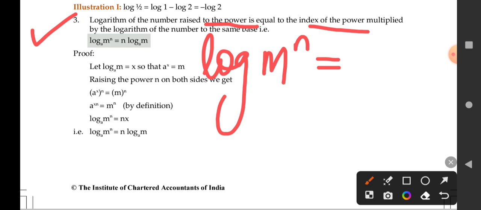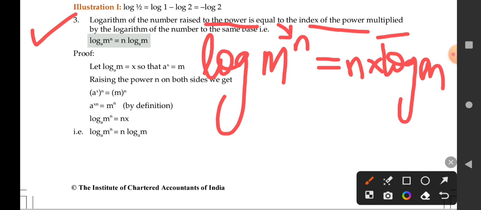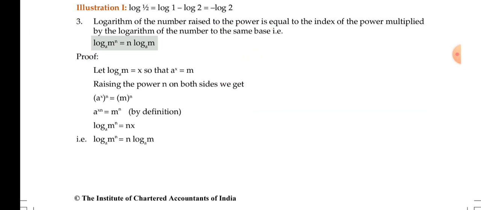Index of the power means n, multiplied by logarithm of the number, that is m, to the same base, the bases are same. Okay, so it means log m to the power n base a is equals to n into log m to the base a. Let us see the proof.